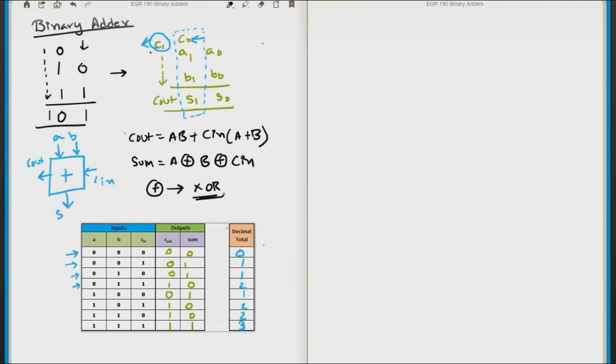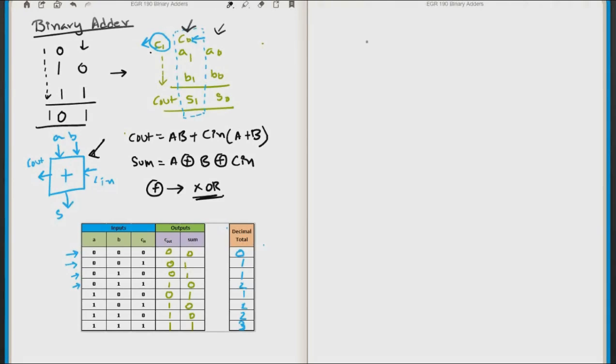Once we have this 1-bit full adder, or 1-bit binary adder, how do we perform 2-bit addition? We have 1 bit here and 1 more bit here.